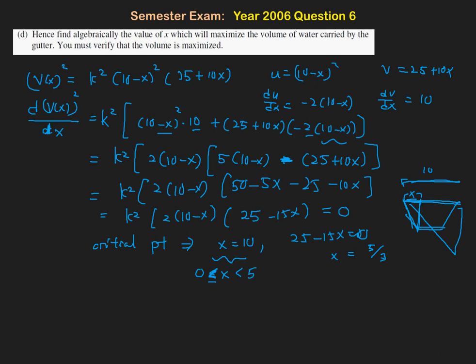And so x equals 10 is rejected, and so we have our answer here.